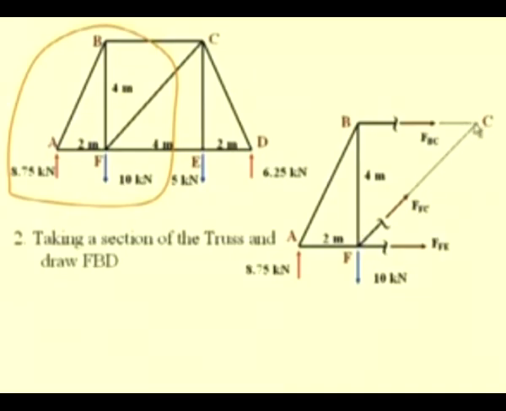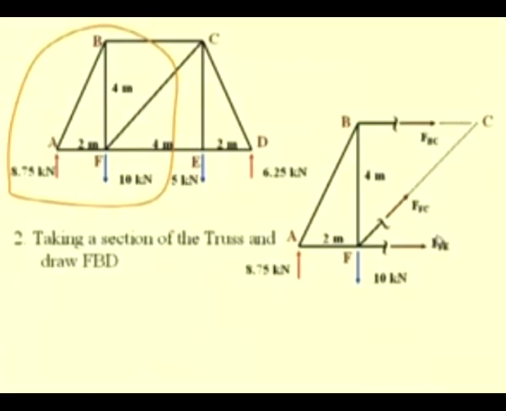Here we see that the members BC and FC are concurrent at C, and so it is judicious to use a moment summation equation about point C to determine the force FFE.